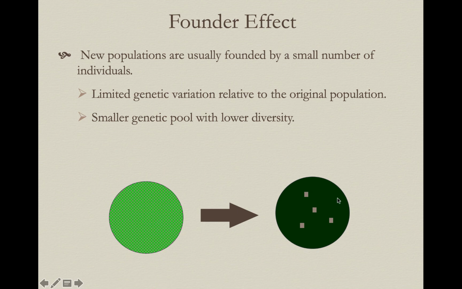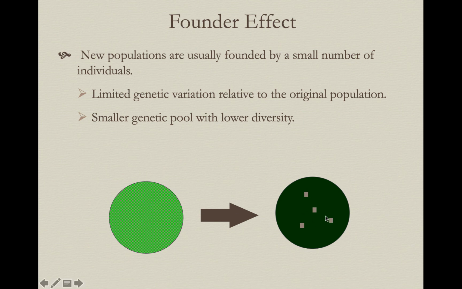A few of these individuals get blown off in a storm and found this new colony on an island nearby, or for whatever reason, they end up on this island. It's a rare event. You don't see normal movement of birds between this island, so it's kind of a one-time event. Well, there's a decent chance that this new population is not a perfect representation of the genetic diversity associated with the original mainland population.